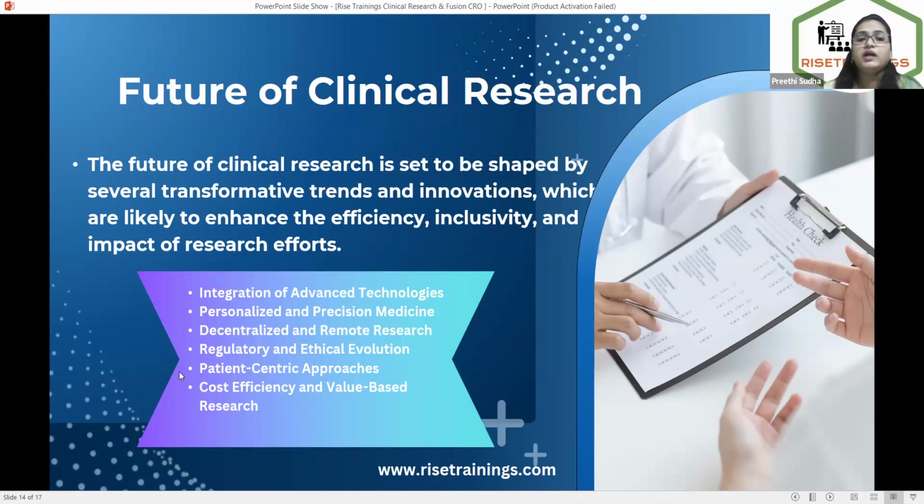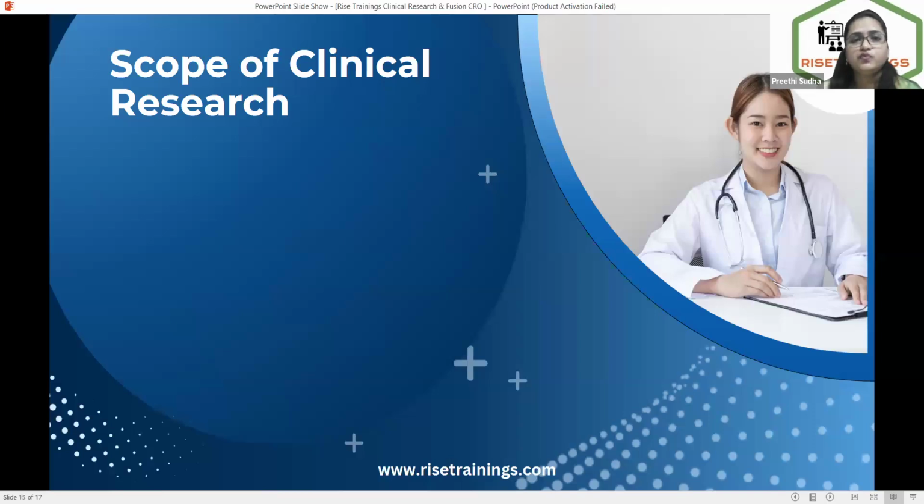There will also be enormous change in regulatory and ethical evaluation, because we can easily get these regulations. And patient-centric approaches, cost efficiency and value-based research. So this is how we can see the clinical research future.